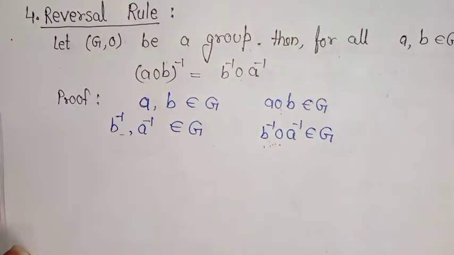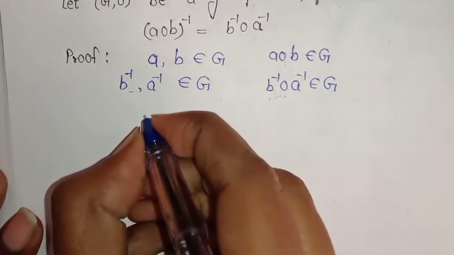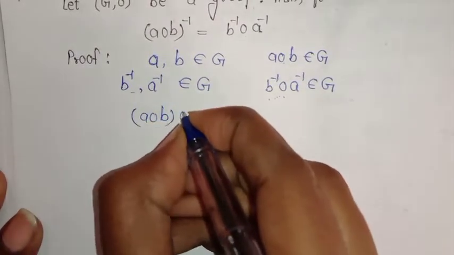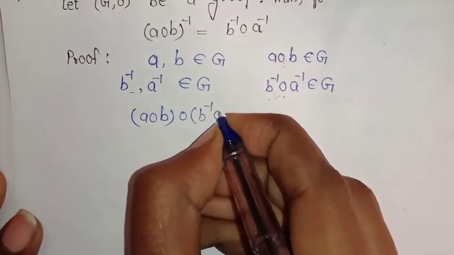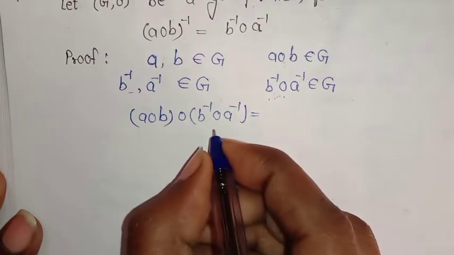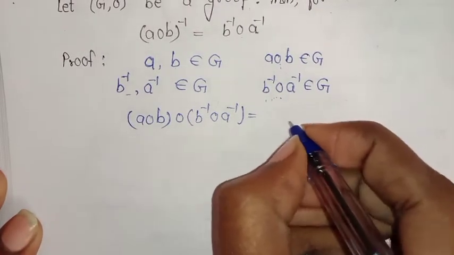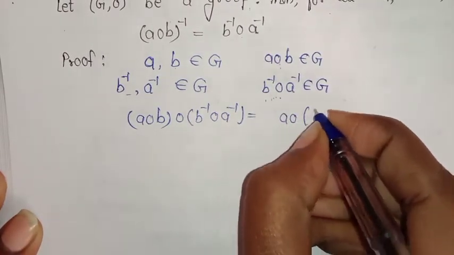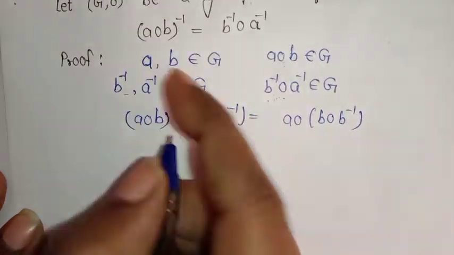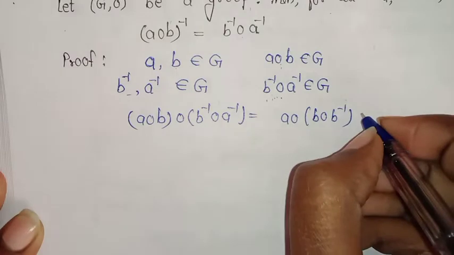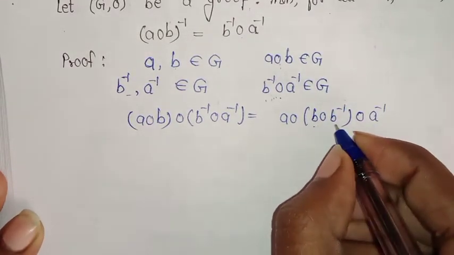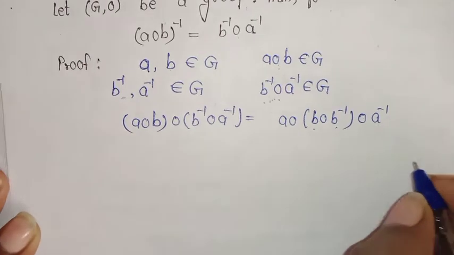So we can write it as (a ∘ b) ∘ (b⁻¹ ∘ a⁻¹). And if we use the associative property, I can write it as a ∘ (b ∘ b⁻¹) ∘ a⁻¹. I just take the bracket over these two elements. Now we know that b ∘ b⁻¹ is equal to the identity.